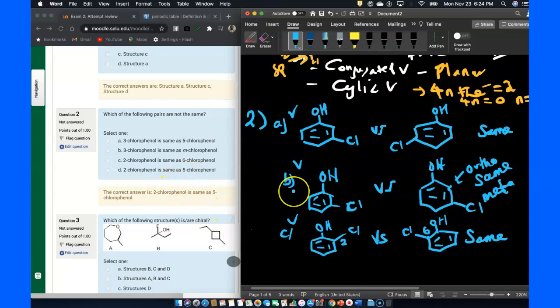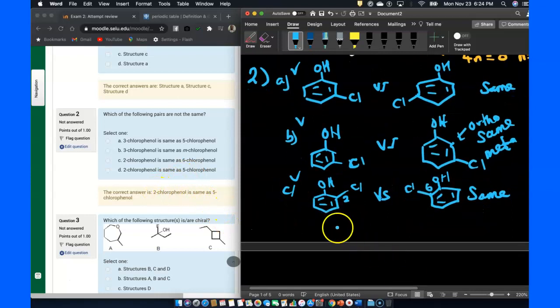D, 2-chlorophenol and 5-chlorophenol, those are not the same. Compare this 2-chlorophenol to the 5th, where the chlorine will be here. These two are not the same.